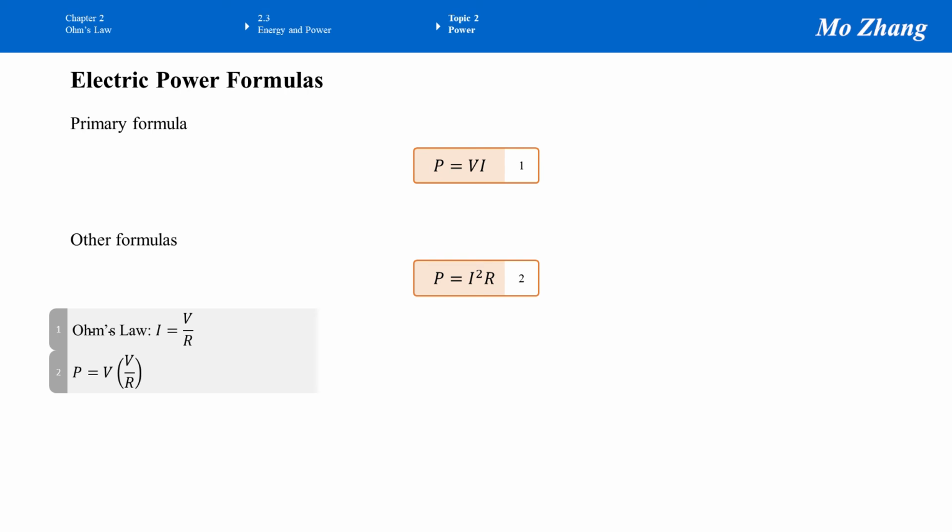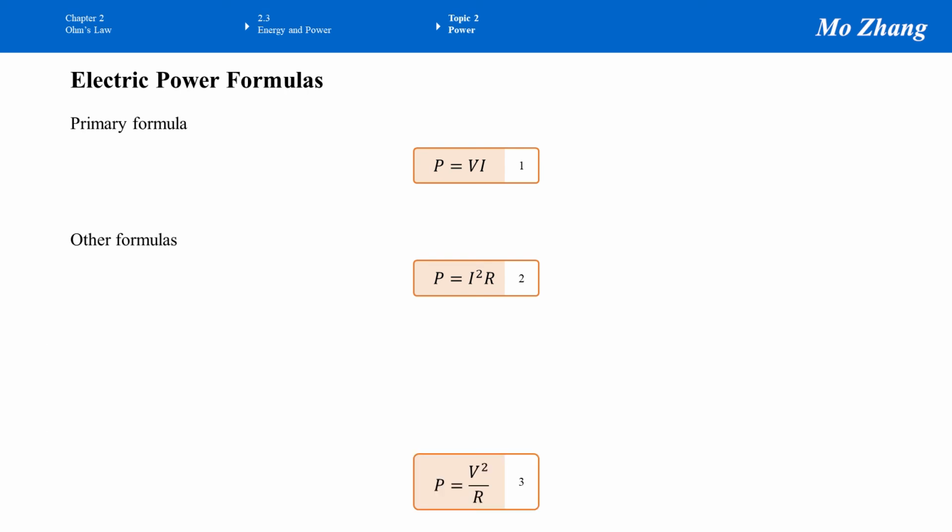That power formula becomes P equals V times V over R. And then if you open the parentheses, multiply the V's, the final formula is P equals V squared over R. This is the third power formula.